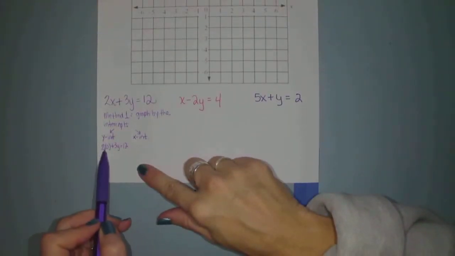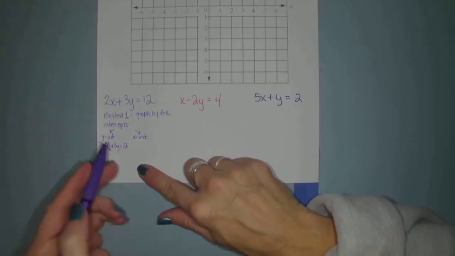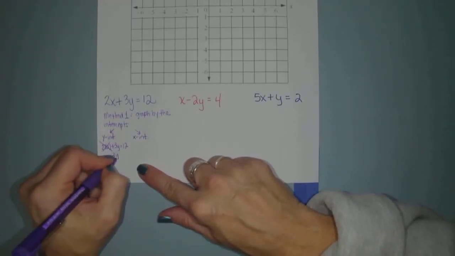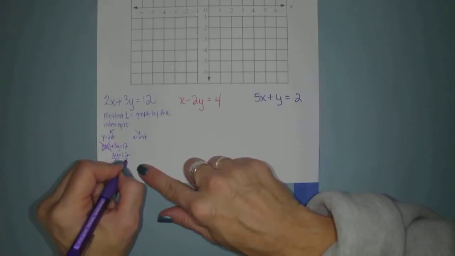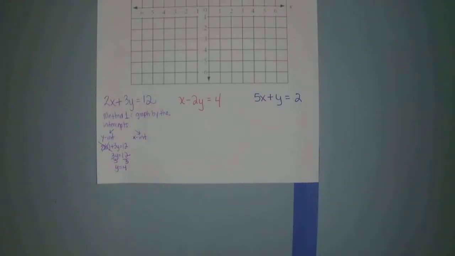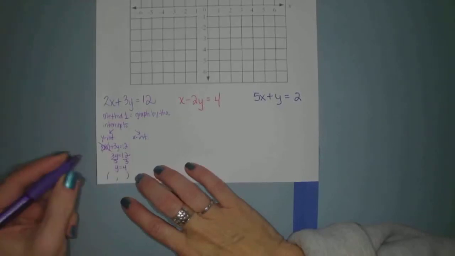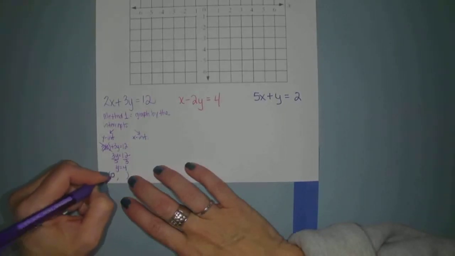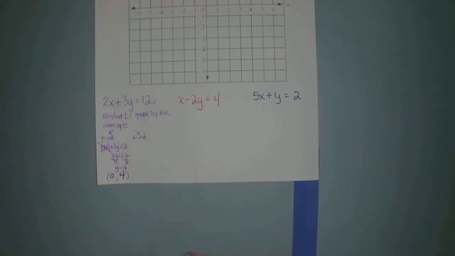When you take 2 times 0, that's 0, so this part just vanishes, and you're left with 3y equals 12. You divide by 3, and so y is equal to 4. So the ordered pair of this y-intercept is that when x was 0, y was 4. That gives us a point on our graph to plot.